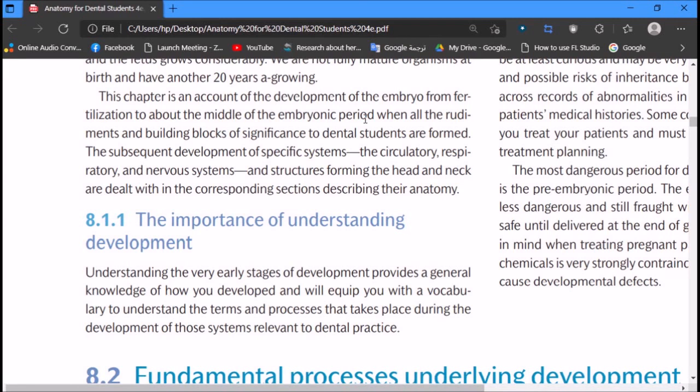Another important concept to understand is that when cells embark down a pathway of differentiation, there is usually no going back to an earlier, less differentiated stage. Cells therefore become much more restricted in what they can become as development proceeds until eventually they are fully differentiated into a specific cell type.